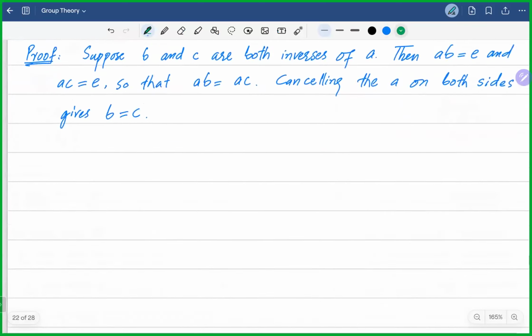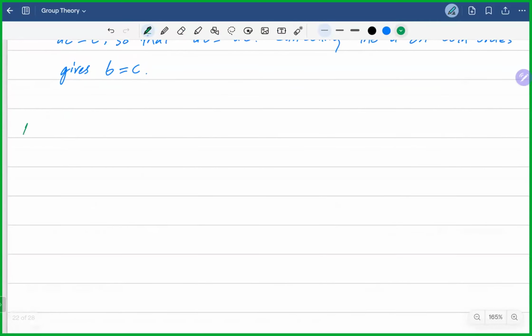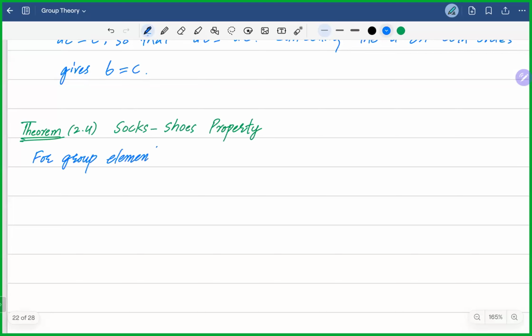It is Theorem 2.4. The name is the socks-shoes property, which says that for group elements A and B in a group G, (AB) inverse is equal to B inverse A inverse.